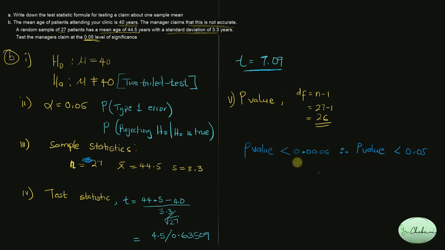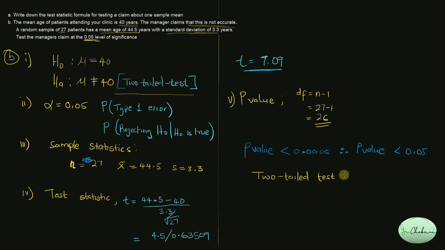Since we are working with a two-tailed test, and this is something that's important also to note, the alternative hypothesis is the not equal to hypothesis. So this is a two-tailed test, right? For a two-tailed test, we always double the p-value before we make our conclusion.